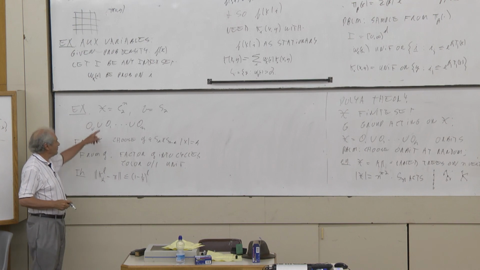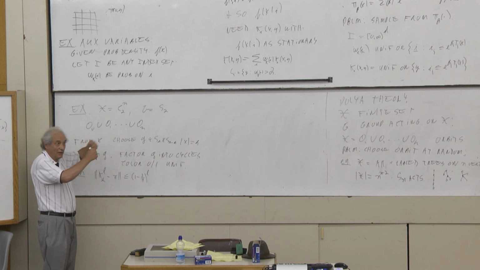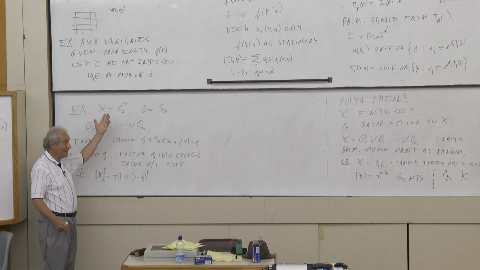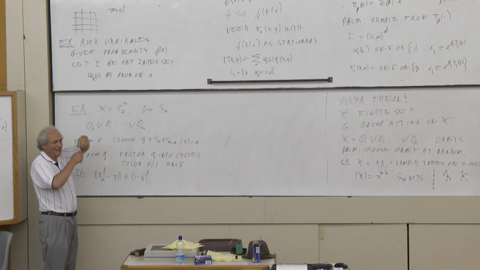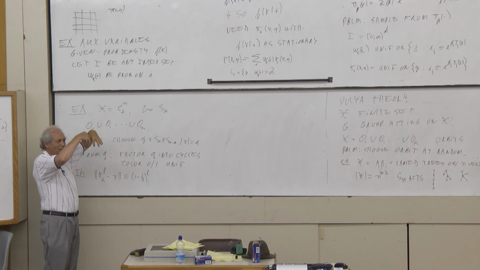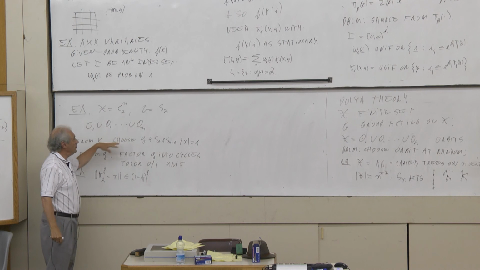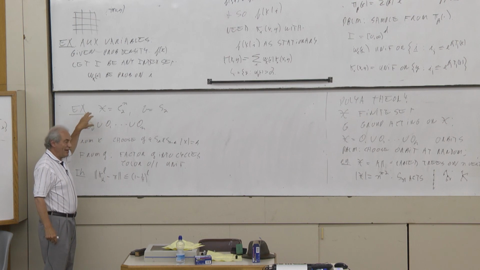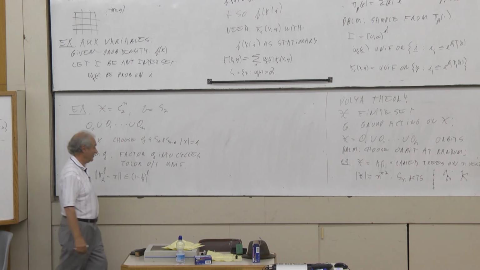Now, there's nothing special about a two-element set. You could take k colors, and then the group acts, and then the invariants, the orbits, are how many places have color 1, how many places have color 2, etc. And this distribution over vectors that sum to n in k colors is called the Bose-Einstein distribution.